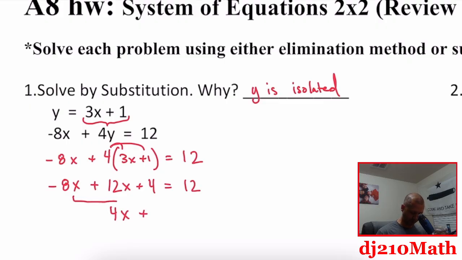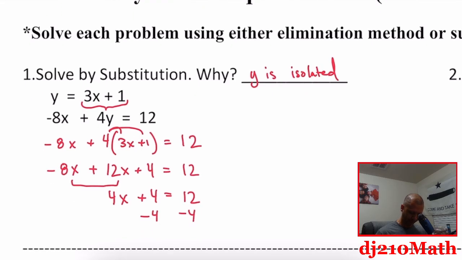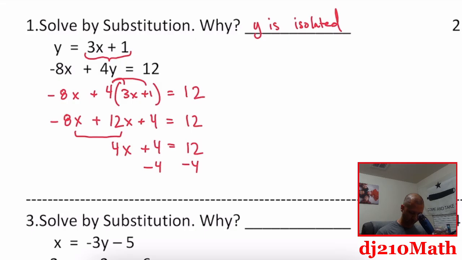Right, these two together. And then minus 4. So 4x is equal to 12 minus 4, which is 8. Divide both sides by 4. X is equal to 2.